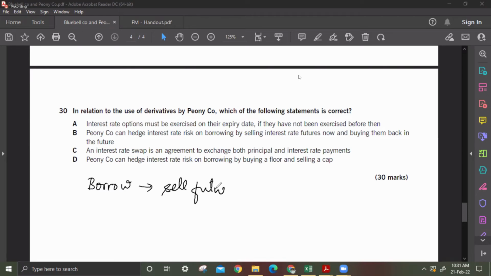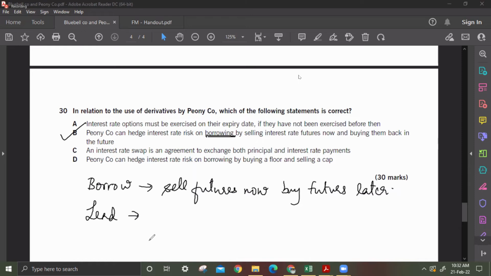You sell futures now and buy futures later, correct? And if you want to lend, then it is the opposite. Can you all complete the sentence? Now here, Peony company is borrowing. So this is the correct statement. That is, it will sell interest rate futures now and buy them back in future to hedge itself.